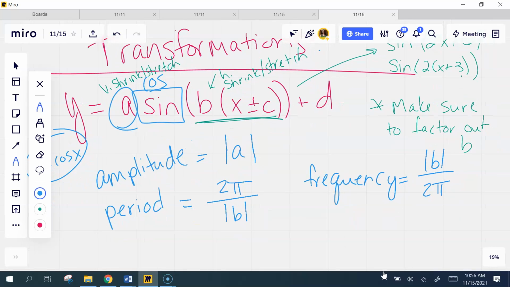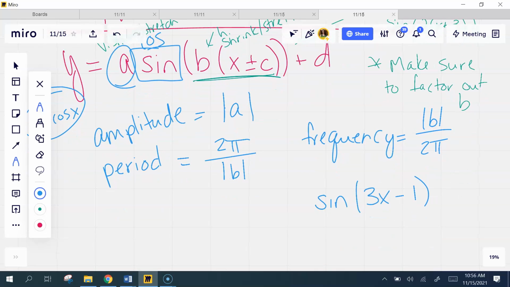If it was the sine of 3x minus 1, I still have to factor it out. It's still got to come out, so I would have to do sine of 3. What would be left on that 1? 1/3. So it still has to be factored out regardless. Does that make sense to you?